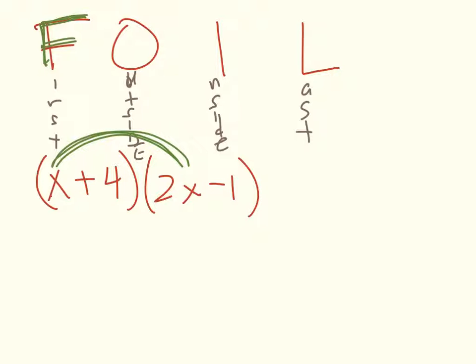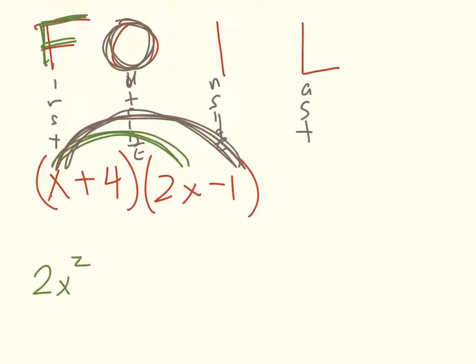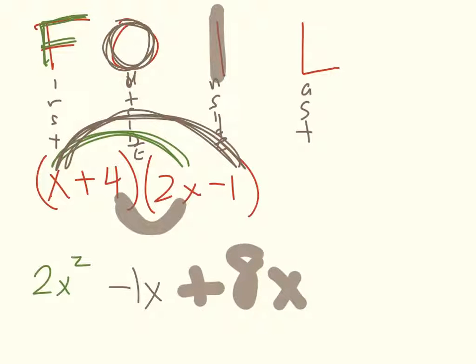Those two. X times 2x is 2x squared. The O part of FOIL, the outside, means take the 2 things that are the outermost edges of this problem and multiply those together. So minus 1x. I, for inside, means take the 2 terms on the inside and multiply those together. And L for last means multiply the last 2 things together that are in each parenthesis, so that's minus 4.